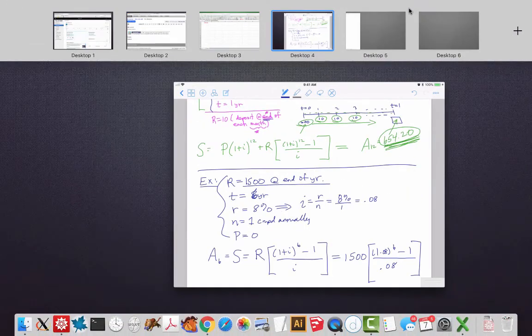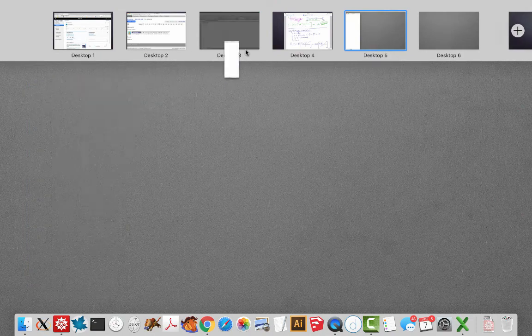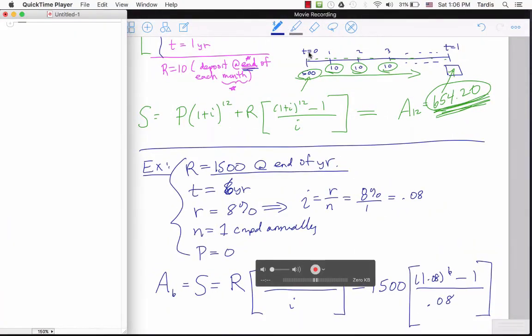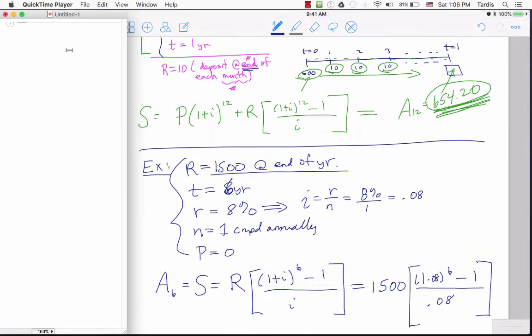Let me bring in my calculator, and I'll do this in a couple of steps.